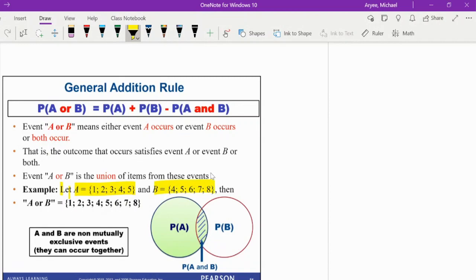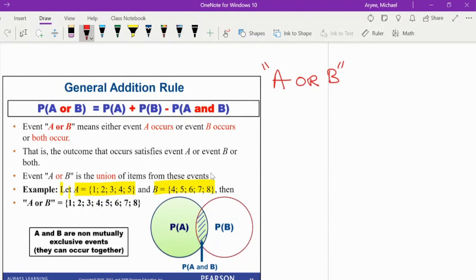Let's say event A are people in the math class and event B are people in the English class, or two different sets of friends, A and B. When we ask for A or B, the action is to combine A and B. A has 1, 2, 3, 4, 5.